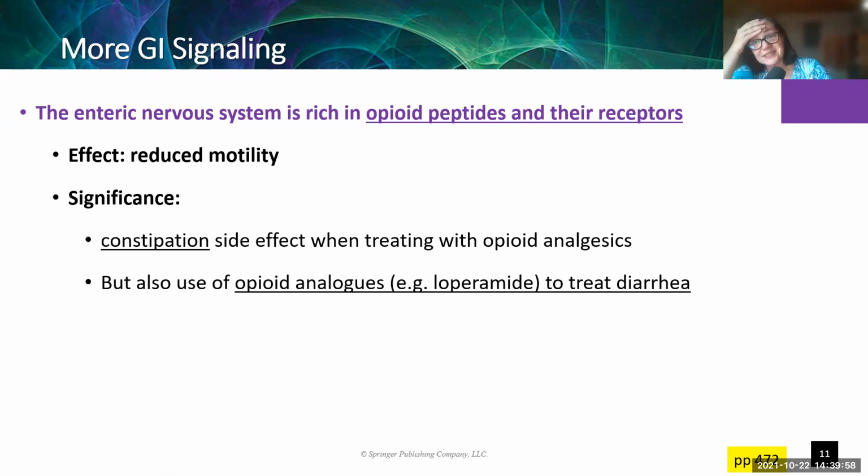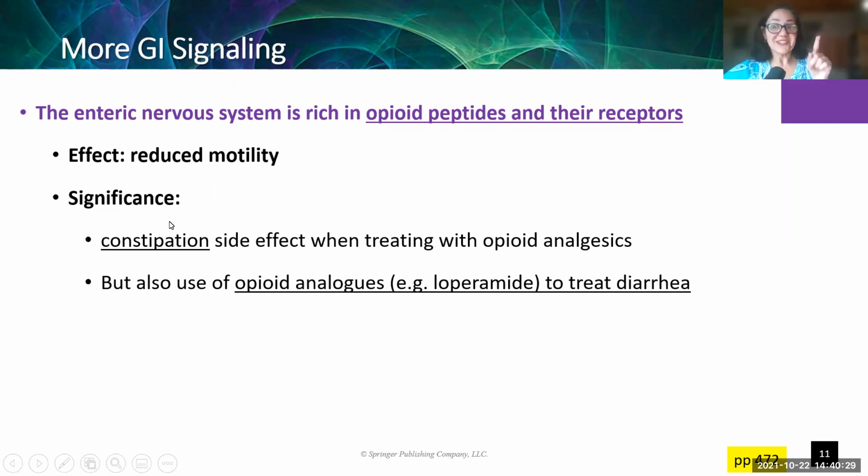Well, the consequence this has that's of nursing significance is constipation, the slowing down of movement of the digestive system. That's an enormously important side effect when we treat with opioid analgesics. So when patients are receiving opioids, everything slows down and it's harder for them to have a bowel movement because everything is slowing down.